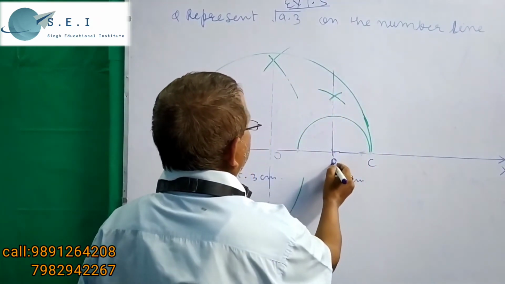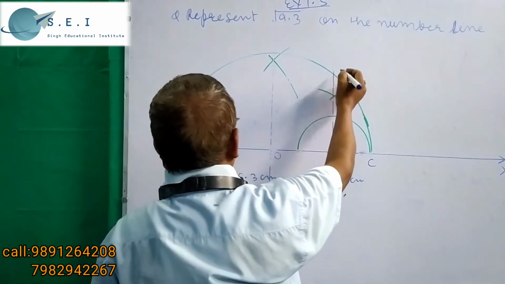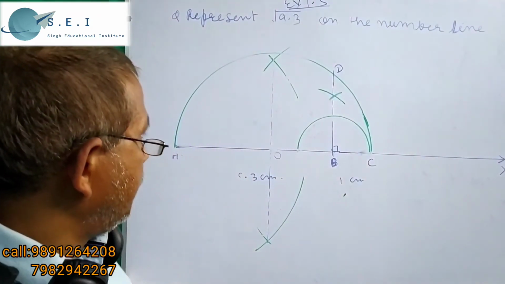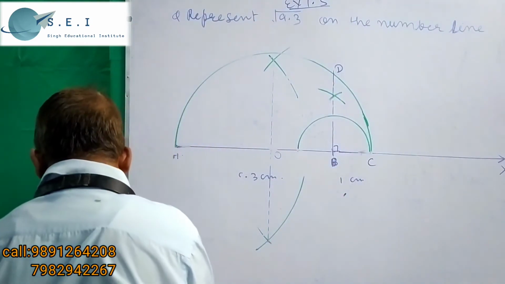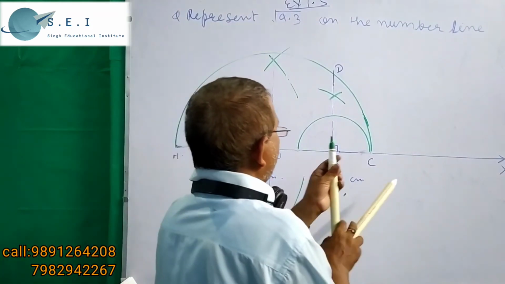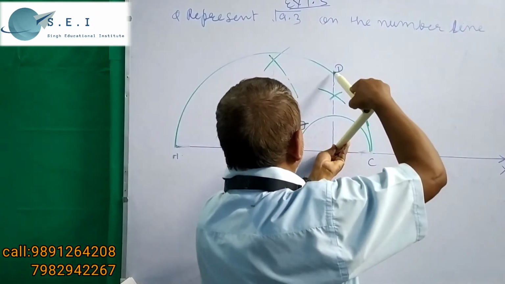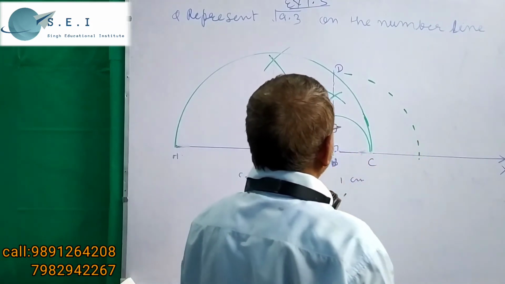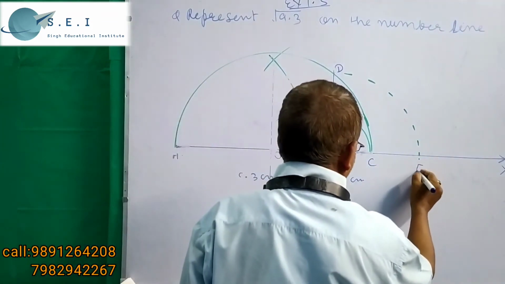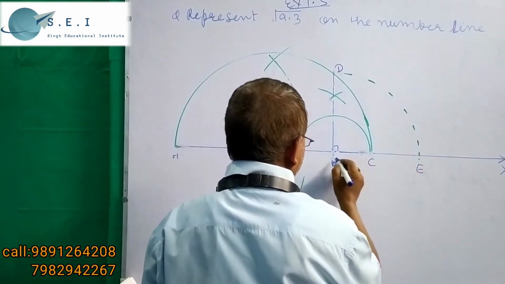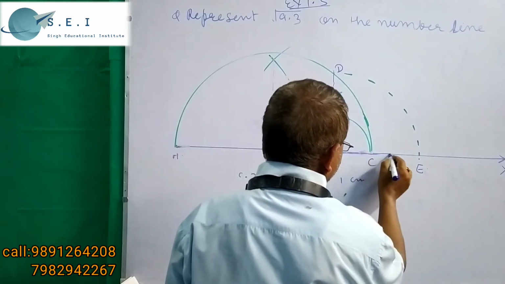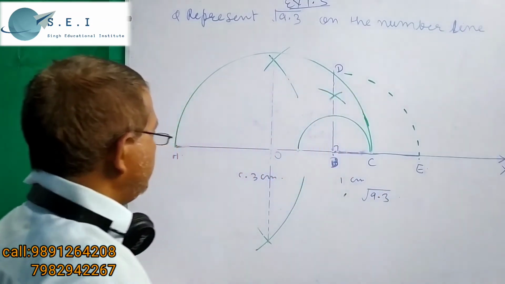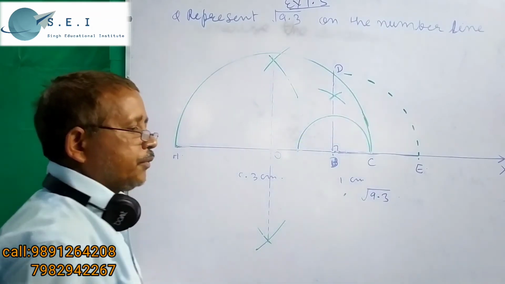Let the perpendicular at B intersect the semicircle at D. Now the final step: take BD as radius and mark an arc equal to BD on the number line, which intersects at E. Now this length BE is equal to root under 9.3, and this is the way to represent root under 9.3 on the number line.